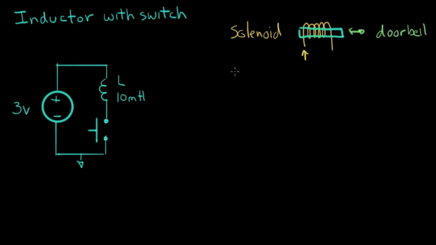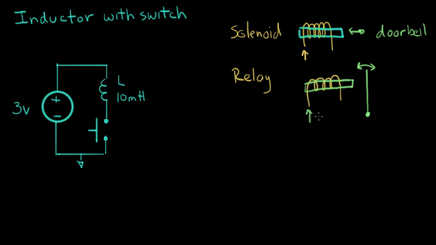Another kind of device that has an inductor, or a coil, in it is called a relay. And that one, again, has a coil like this. These are all forms of an electromagnet. And this one actually has a switch, some sort of a piece of metal that will move back and forth.